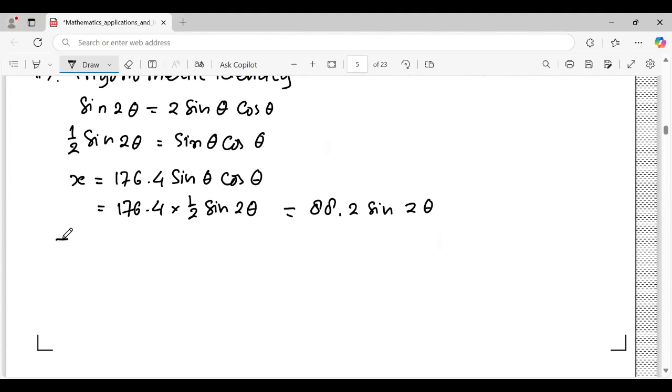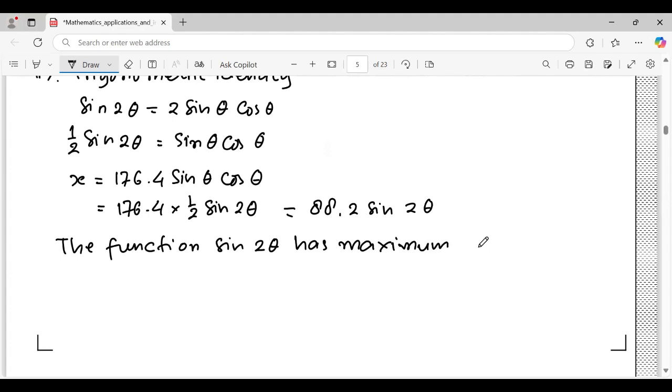The expression sine 2 theta has a maximum value of 1, when 2 theta equals 90 degrees. If sine 2 theta equals 1, it means 2 theta equals 90 degrees.